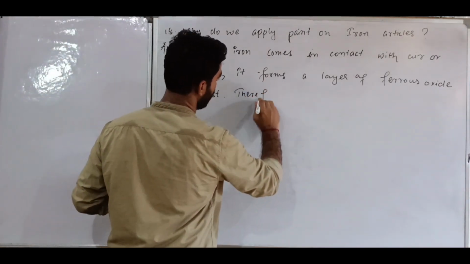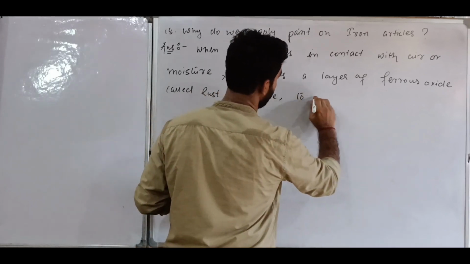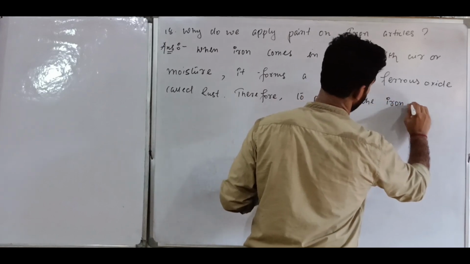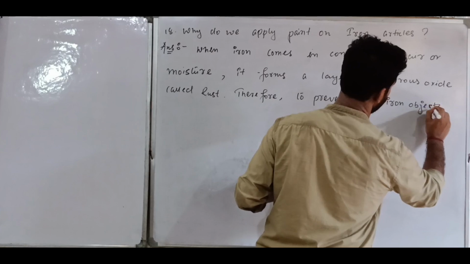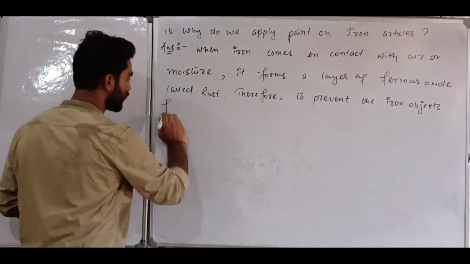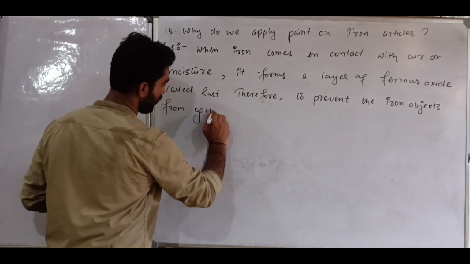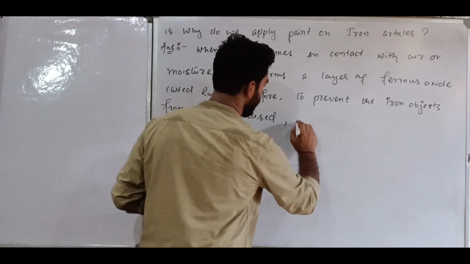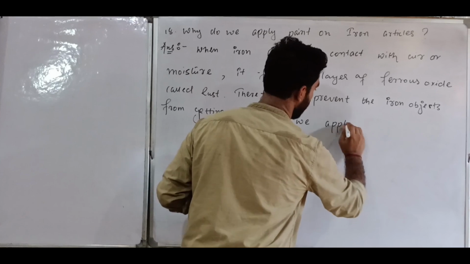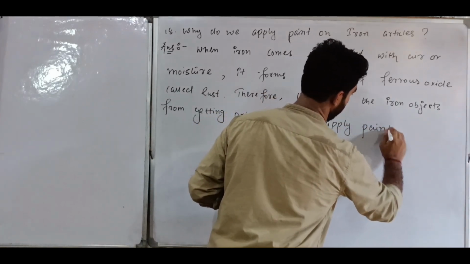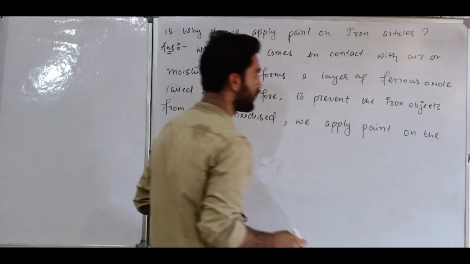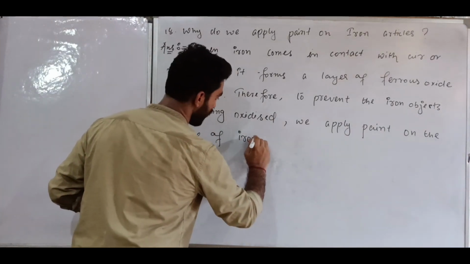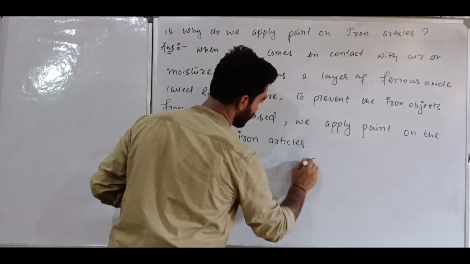Therefore, to prevent the iron objects from getting oxidized, we apply paint on the surface of iron articles.